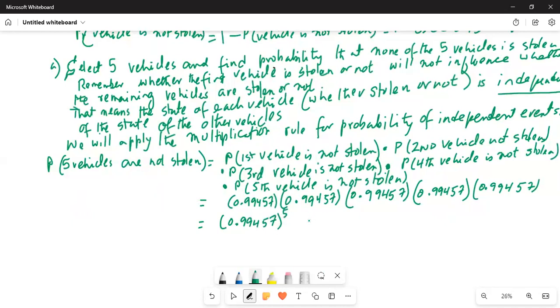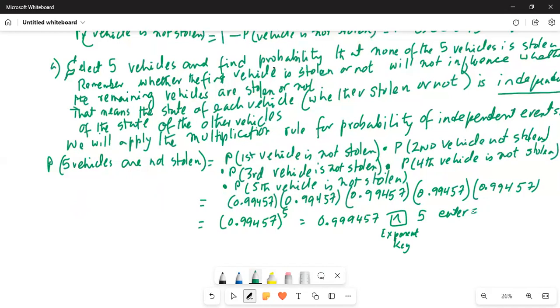exponent 5. So in our calculator, we will do 0.99457, then we will press the exponent key, 5, and then enter.